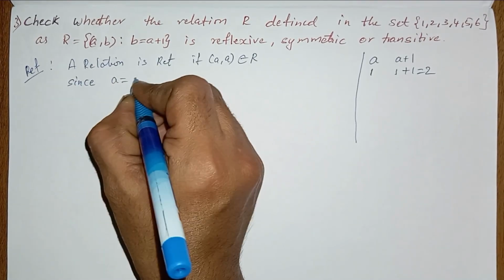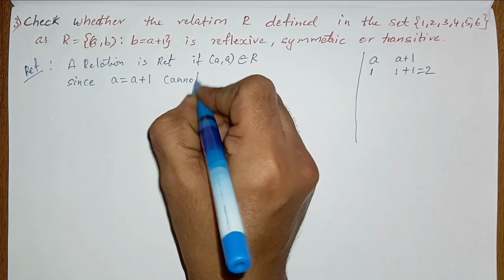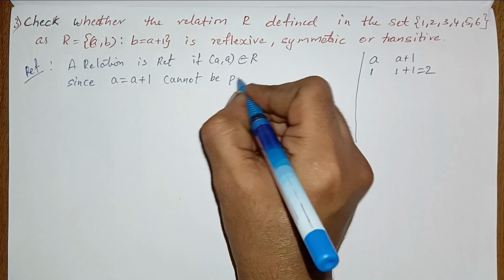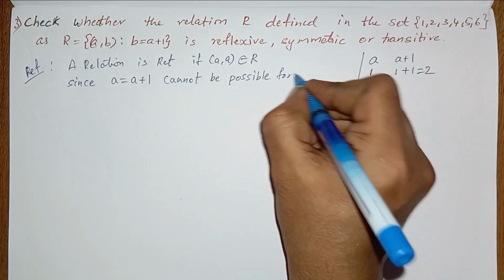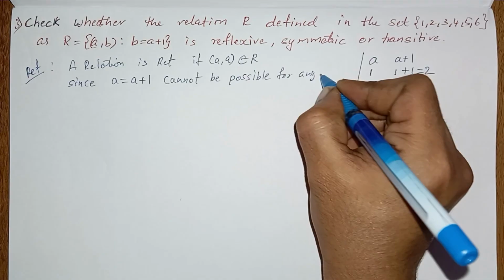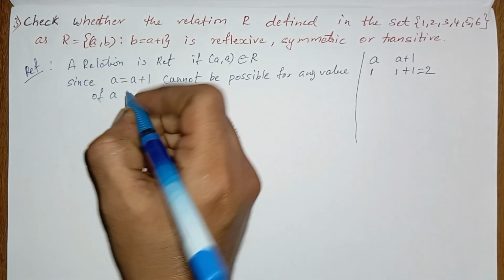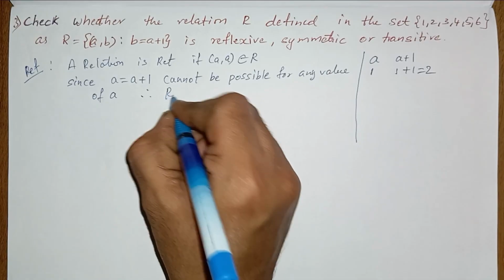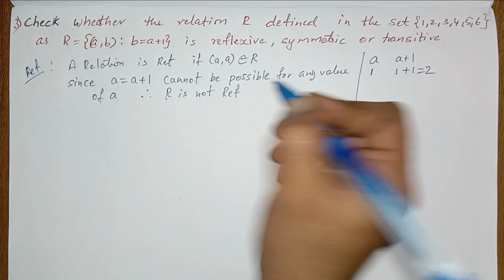Since A is equal to A plus 1 is not possible for any value of A, therefore R is not reflexive.